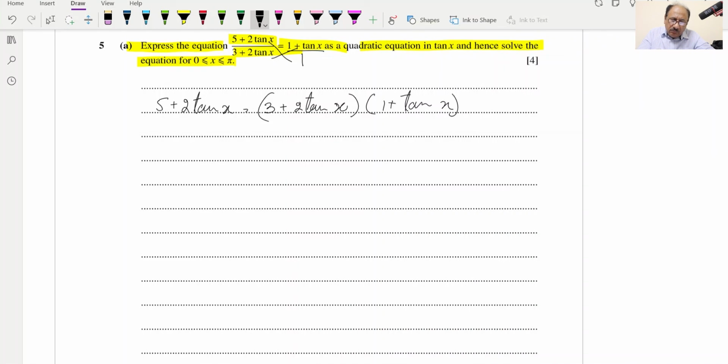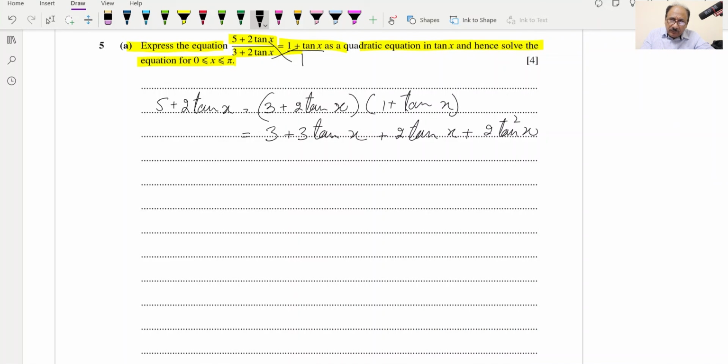Now we can multiply: 3 into 1 will be 3, plus 3 into tan x will be 3 tan x, then 2 tan x multiplied by 1 will be plus 2 tan x, and plus 2 tan x multiplied by tan x will be plus 2 tan square x.